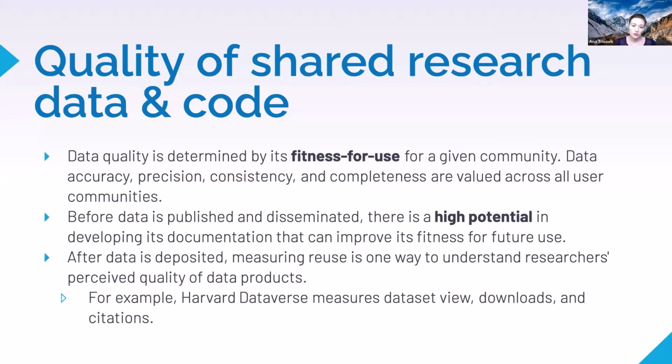However, in order to enable reuse, we need to document these data sets very well. That means that before data sets are published and disseminated, there is a high potential to either enhance their future reuse or essentially diminish it if we don't do it very well.